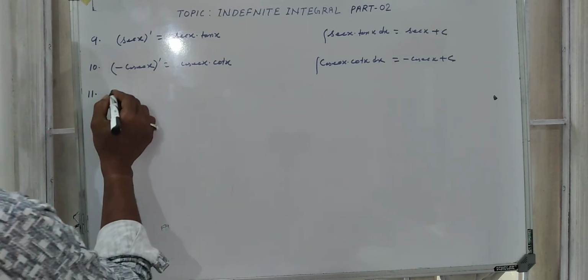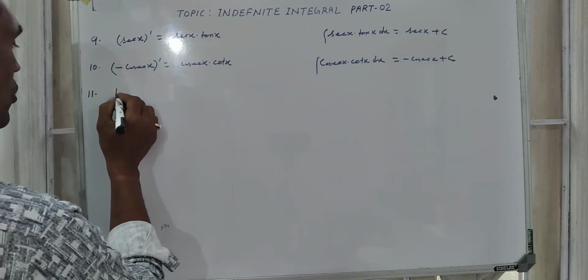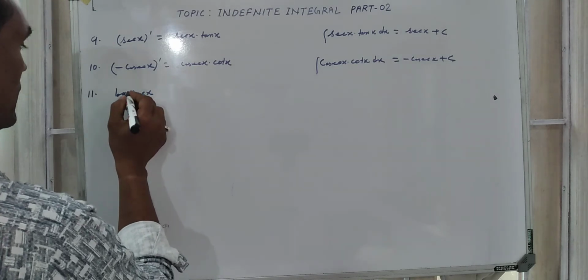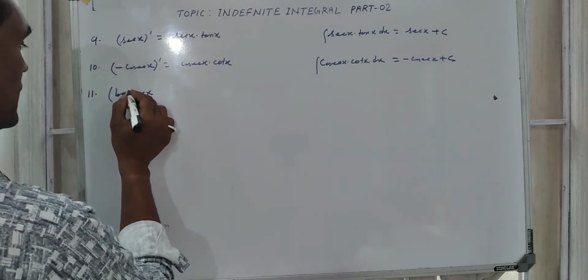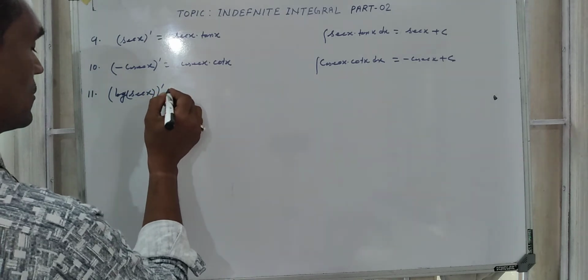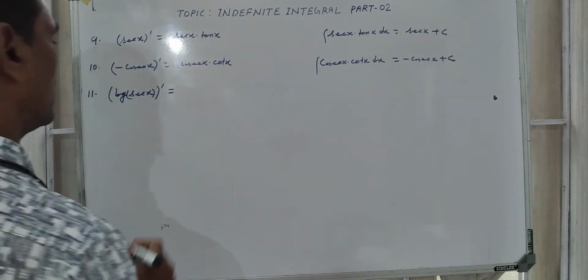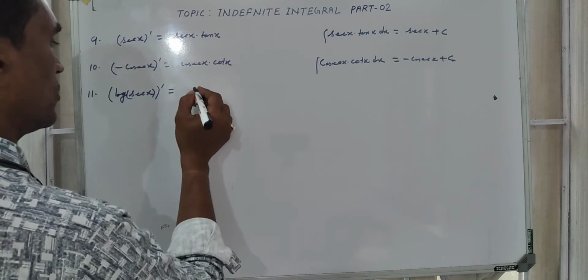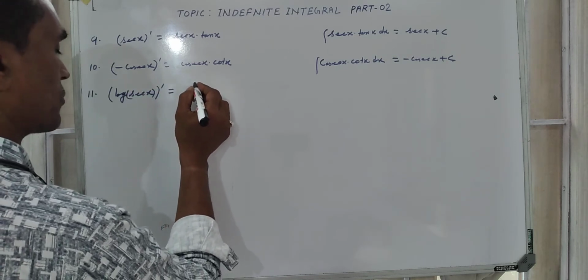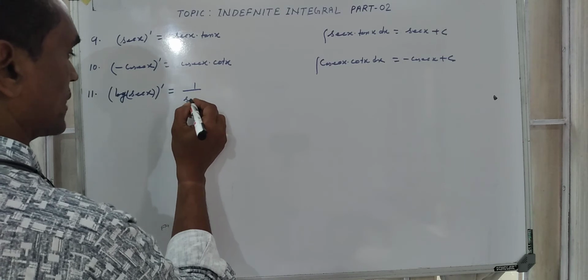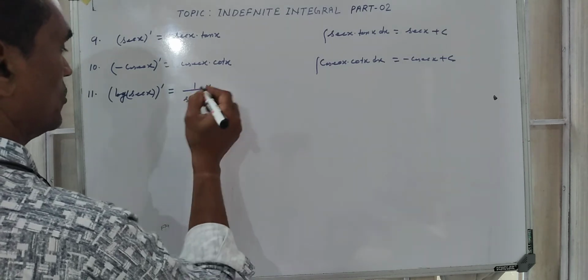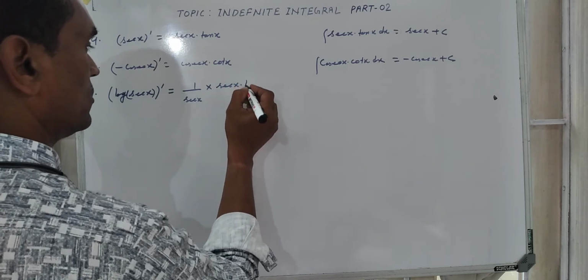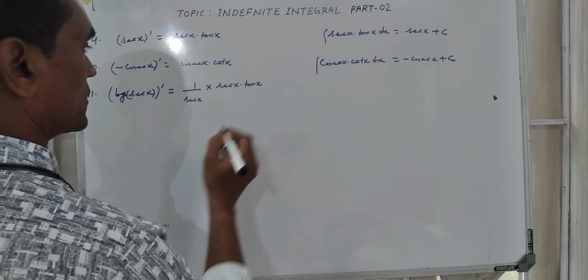Now derivative of log of sec x, tell me what will be the derivative. You can apply here chain rule. Log x is 1 by x, that means 1 by sec x, into derivative of sec x, which is sec x into tan x.